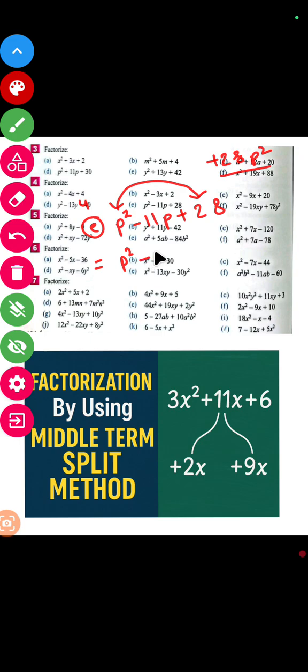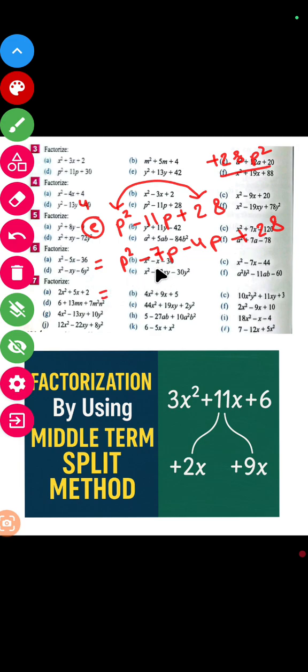Now here we can see when I add minus 7p and minus 4p, both are minus so they will be added. 7 and 4 added, it will become minus 11p, and when we multiply minus 7p and minus 4p, it will come plus 28p square. So in this way we can split the middle term.